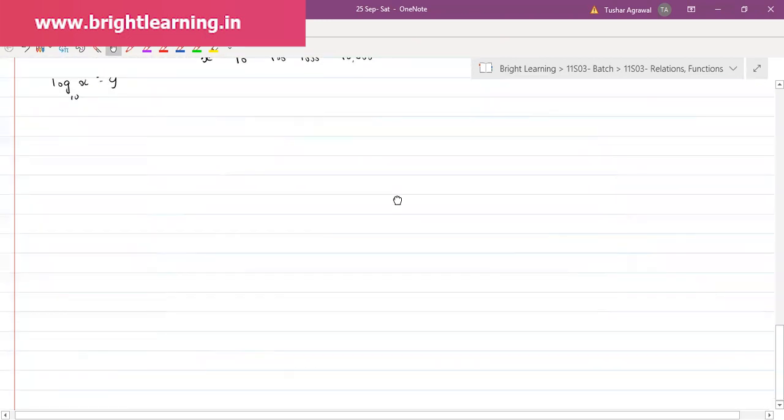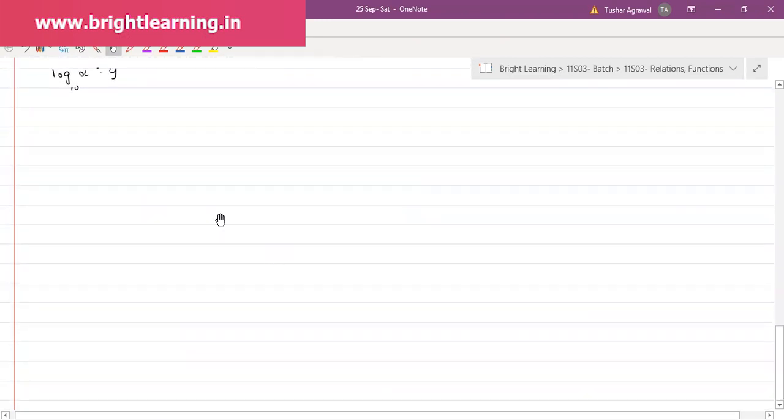These are the exponential and logarithmic functions. And now we will go to transformation of graphs. Sir, you said you will also do trigonometric function graphs.